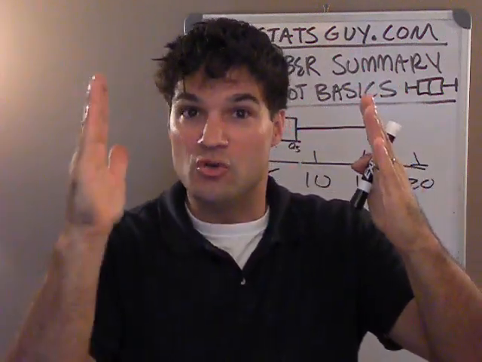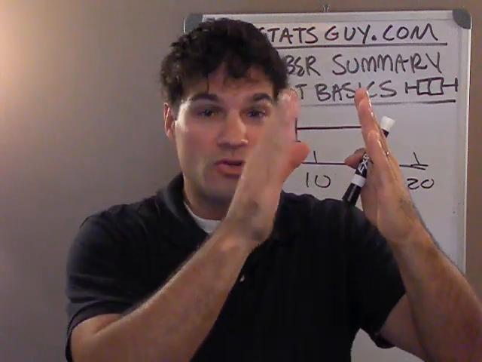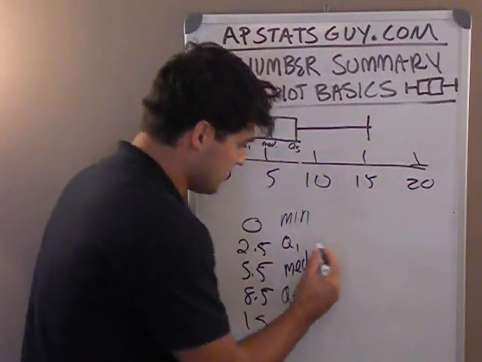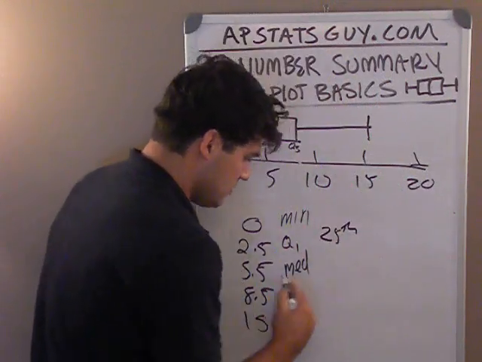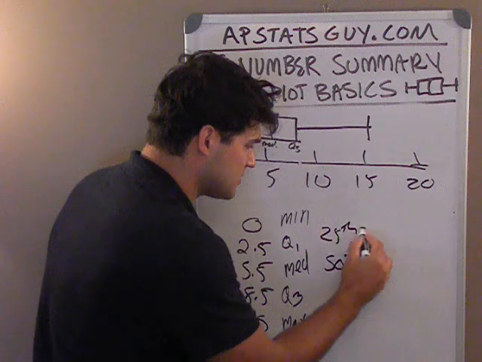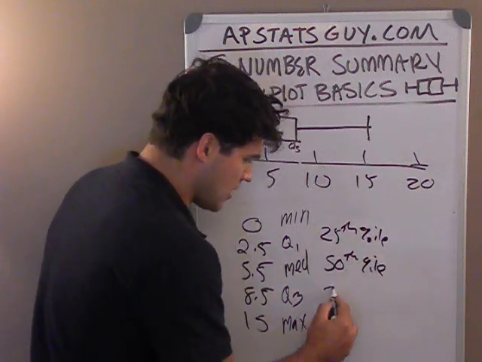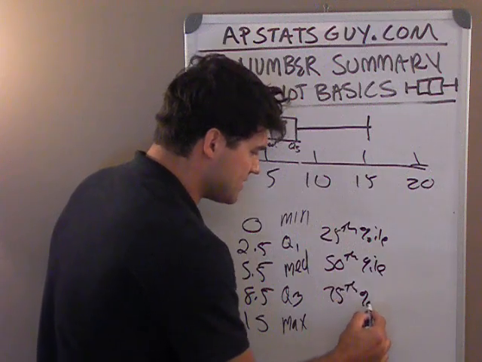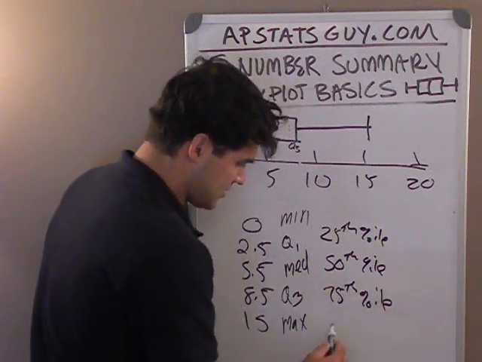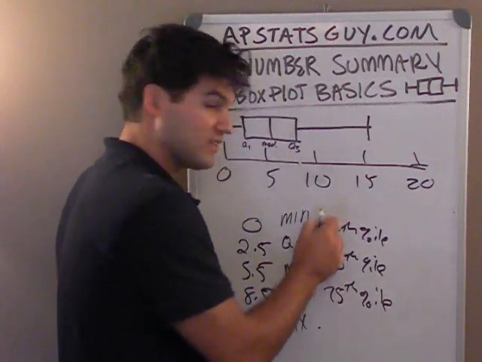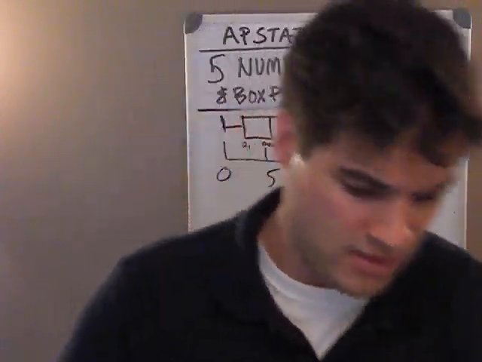So you have min, Q1, median, Q3, max. And remember that Q1 is always the 25th percentile. The median is always the 50th percentile. The Q3 is always the 75th percentile. Max is always the 100th percentile. Everything's below the max. And this is like the 0th percentile, if that's even possible.